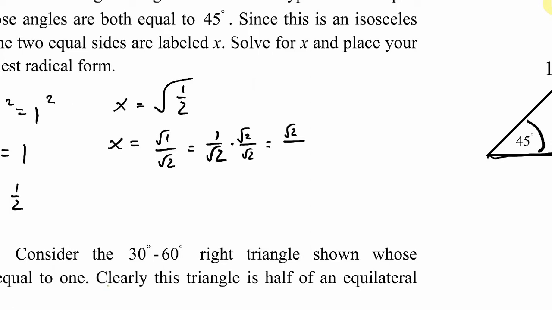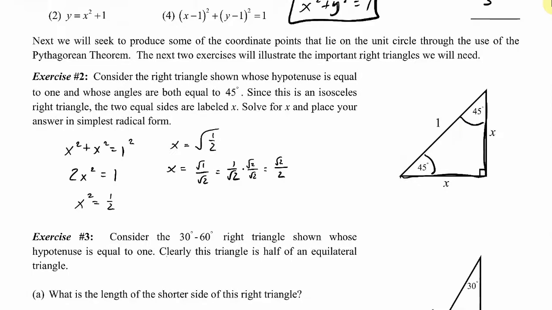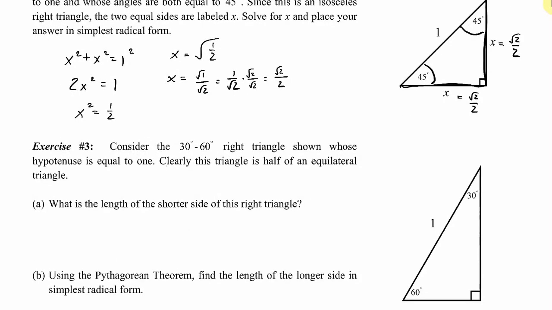Down below, radical 2 times radical 2 is radical 4, or just 2. So that's radical 2 over 2. So if we have a 45, 45, 90 right triangle with a hypotenuse of 1, we just showed that the length of the sides are radical 2 over 2. And on the next page, we're going to see how this ties into the trigonometry of the unit circle.